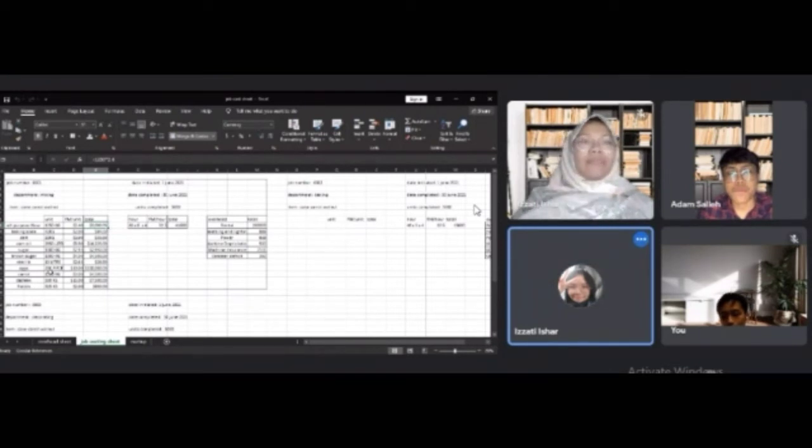Then I will explain our job costing sheet. We divided our job costing sheet into three departments. First we have mixing, then we have baking, and then we have decorating. As you can see here, the mixing has a lot of direct materials. This one is the core of the product. It needs to use a lot of material to make the basic of the product.